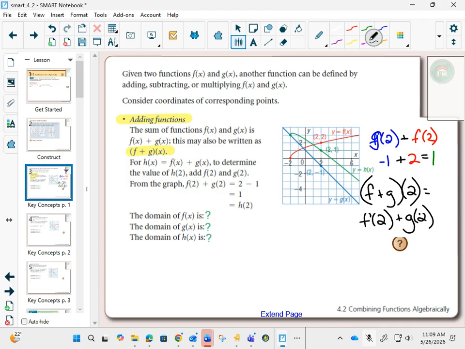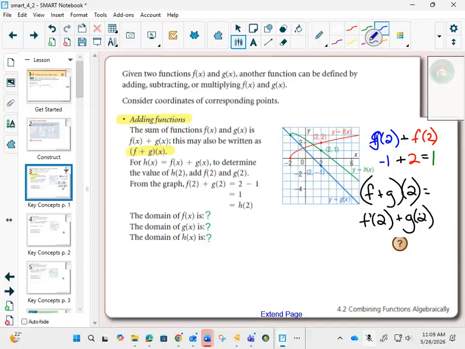I like this second notation. I think it's much more intuitive, but they use the first notation sometimes as well. So if you see f plus g of 2, this means f of 2 plus g of 2. Okay, and we're going to see it in multiplication, we're going to see it in subtraction.